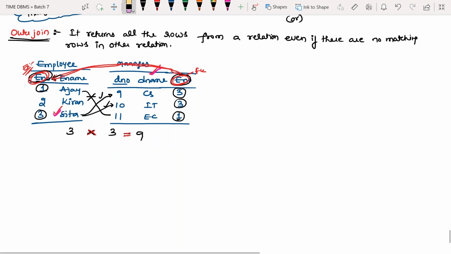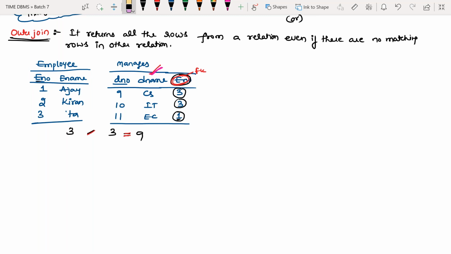Have a look. Here I do have two tables, employee and managers. Employee manages a department, right? Let me explain.